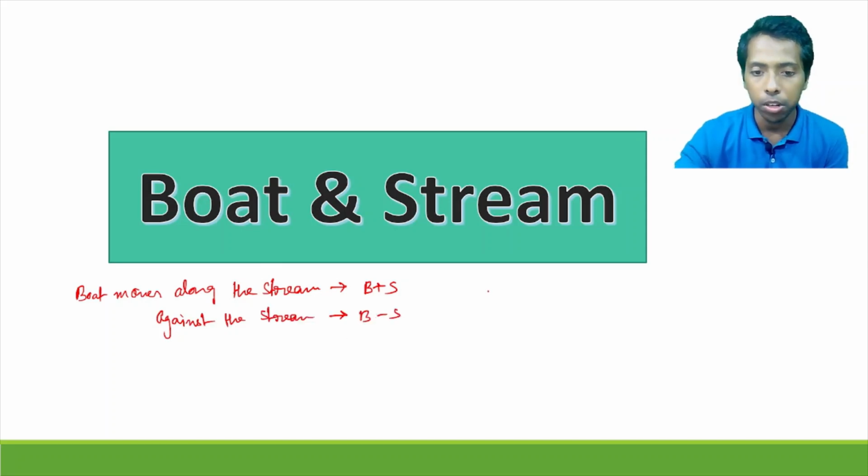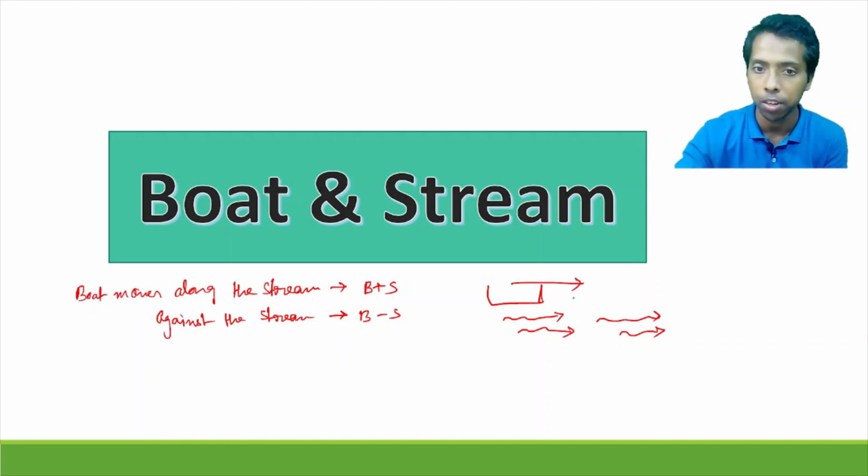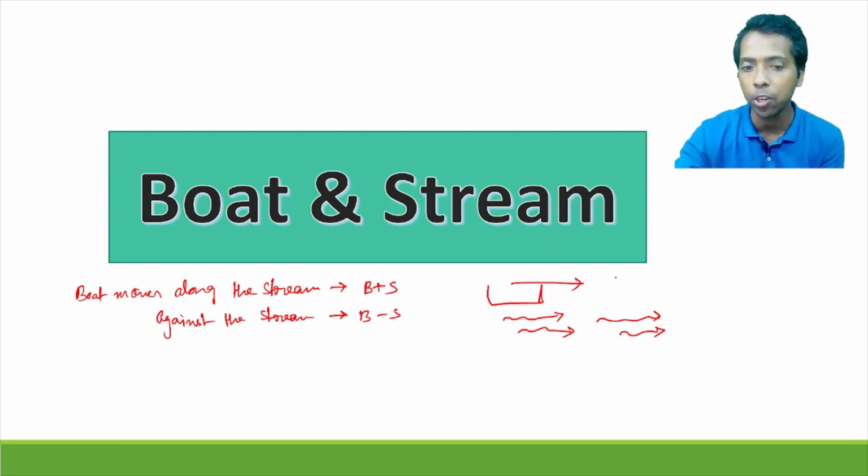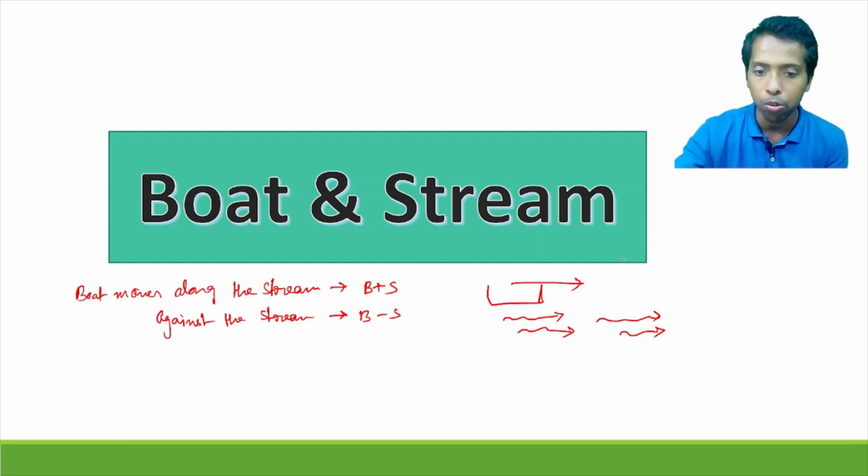This is very common: supposedly this is a boat and it moves, and the stream flows in this direction, right? Then it is very easy. If the boat moves in this direction, then the boat is moving along the stream. That means whatever the basic speed of the boat, this would get increased by addition of the stream speed. So the boat would move definitely faster than what it can move in still water, right?